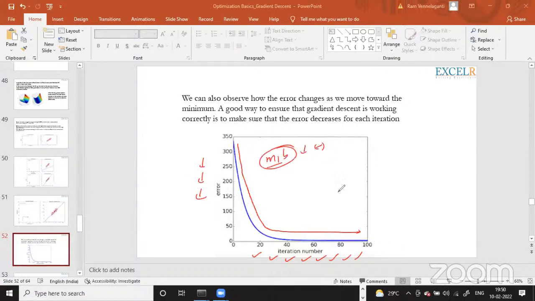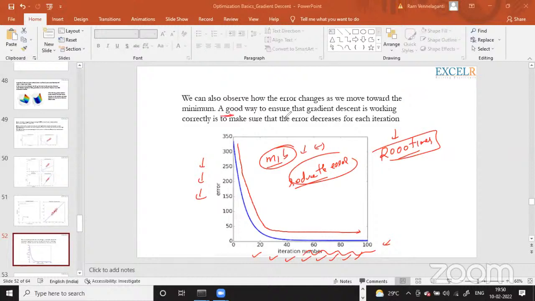Because of this improvement, you are able to reduce the error. After iterating 2000 times, what are we able to conclude? We are able to reduce our error to 0.